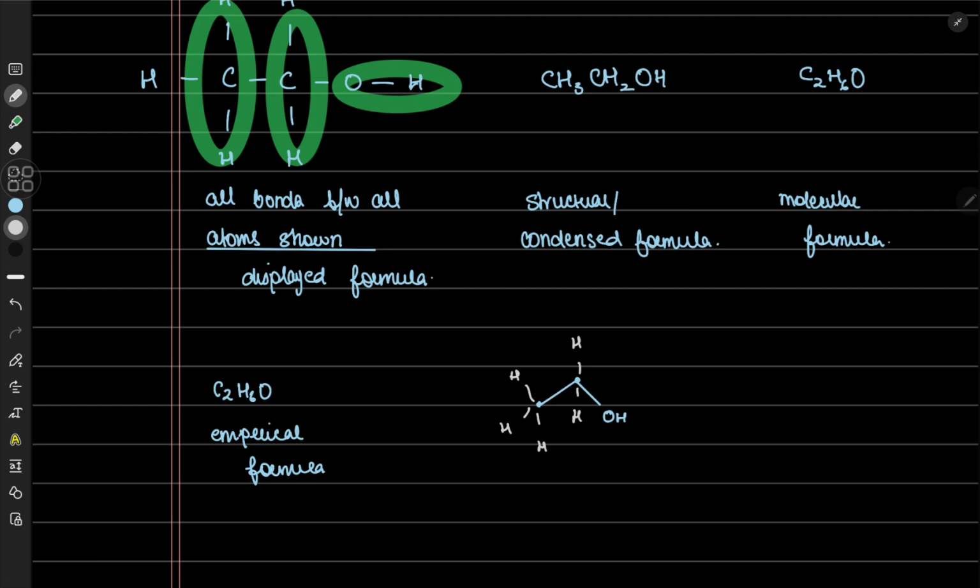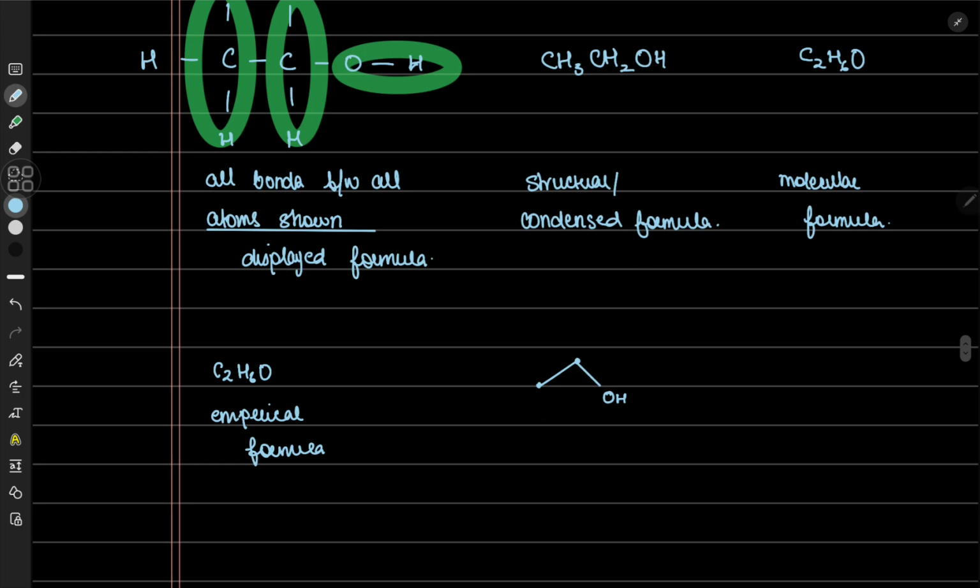I'm just saying how a reader should interpret these formulas. As you can see, this carbon has 3 bonds. Every point and every joint is a carbon, right? So this is how you draw a skeletal formula, but you don't need to draw these elements. So this is the skeletal formula.